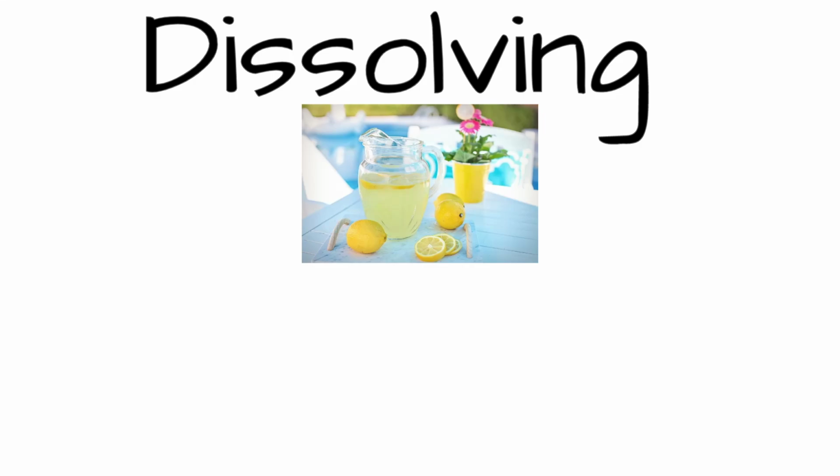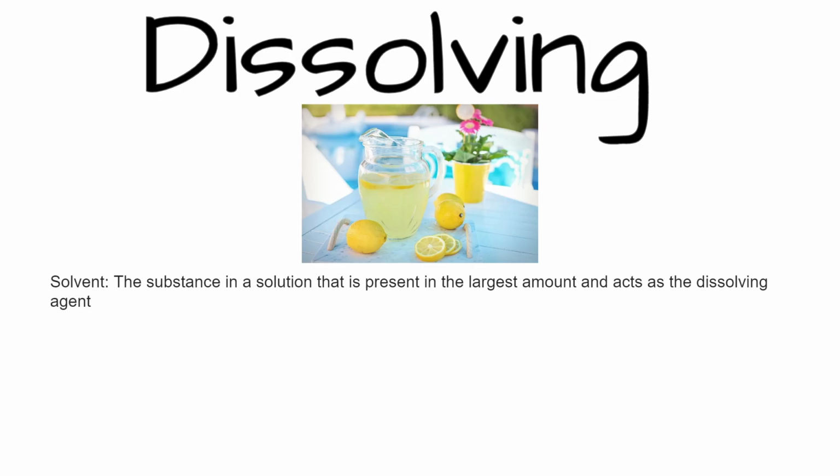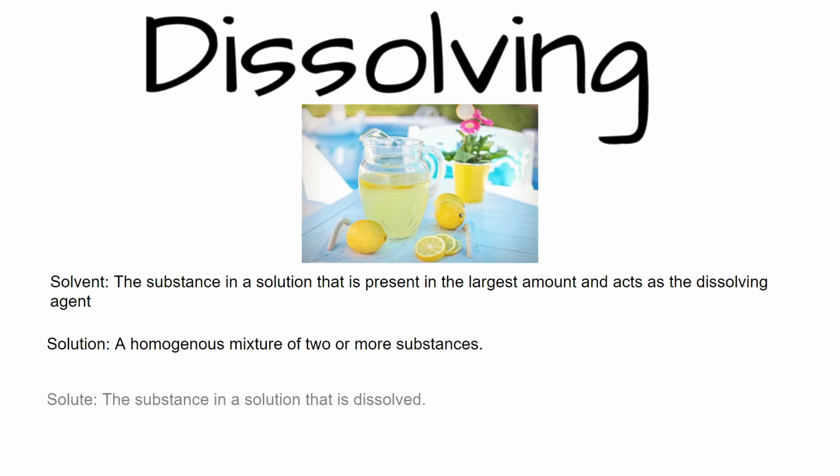The reason you don't have to stir the lemonade again is because the lemonade is now a solution. A solution is the homogeneous mixture of two or more substances. The particles in a solution are evenly distributed, so all of the parts are identical. When two substances are mixed together to form a solution, one is dissolved into the other.